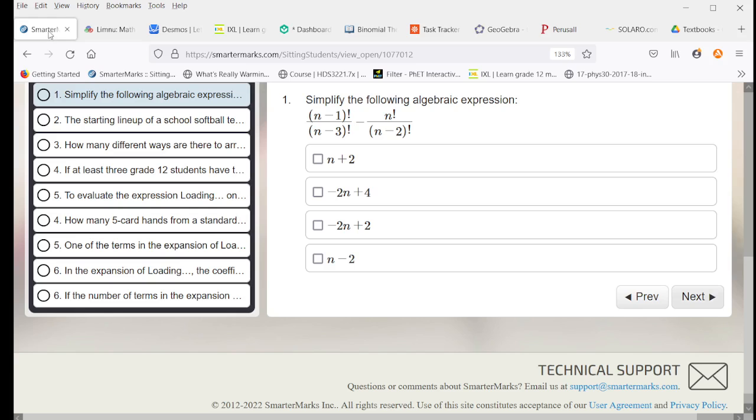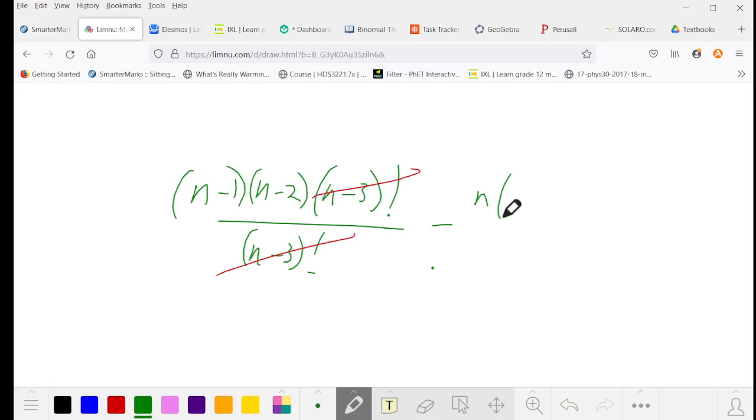And from that we're going to subtract the n factorial over n minus 2. So that's n times n minus 1, these n minus 2's cancel out.